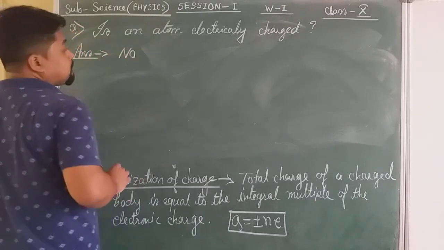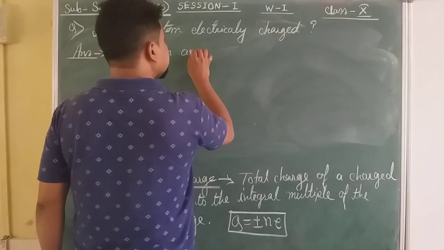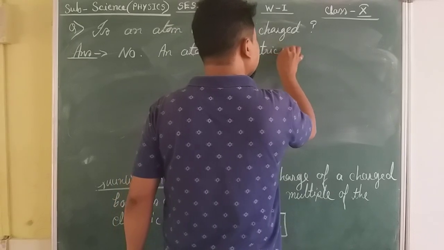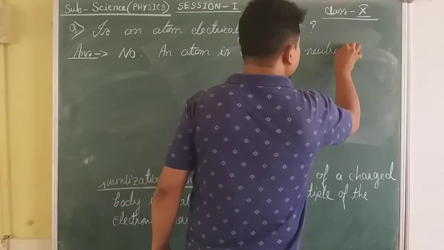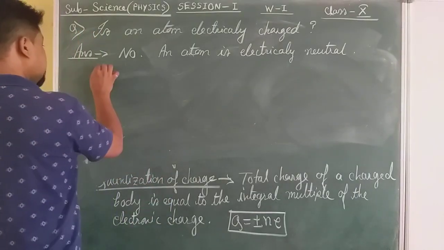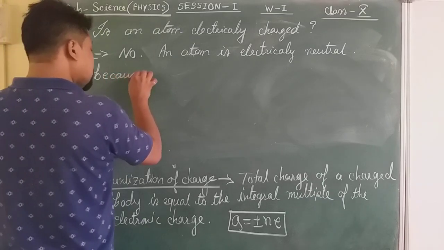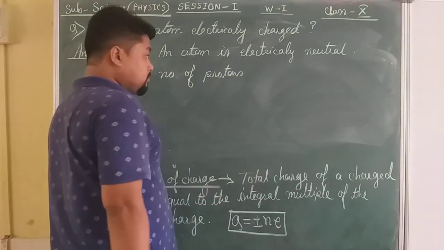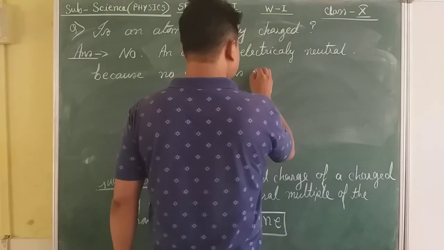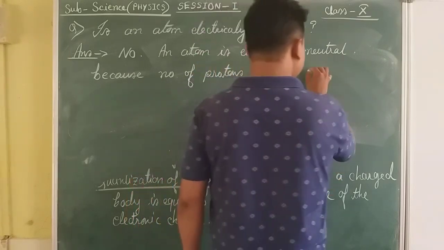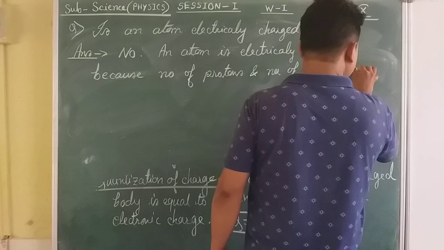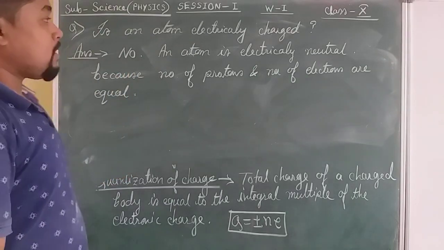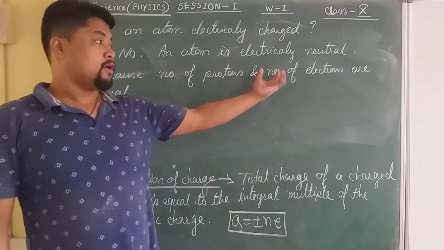Answer: no. An atom is electrically neutral because the number of protons and the number of electrons in an atom are equal.